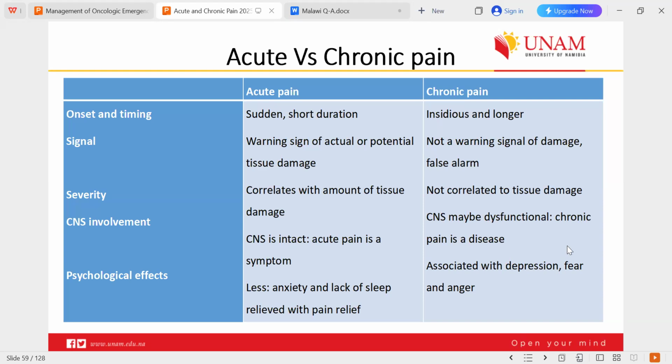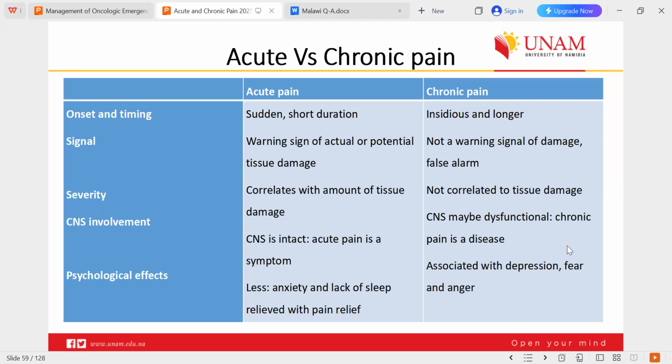In acute pain, the CNS is intact. Pain is just a symptom. While chronic pain itself becomes a disease due to the dysfunctional CNS involvement. In acute pain, there's less psychological effect, there's less anxiety. Lack of sleep is usually relieved with pain relief; when the pain is taken care of, the patient sleeps.